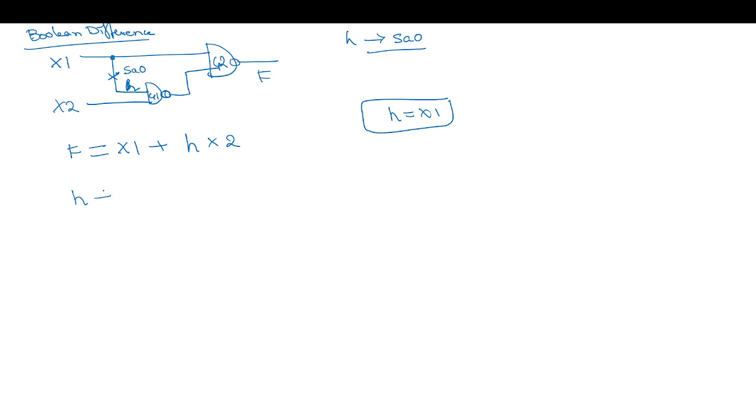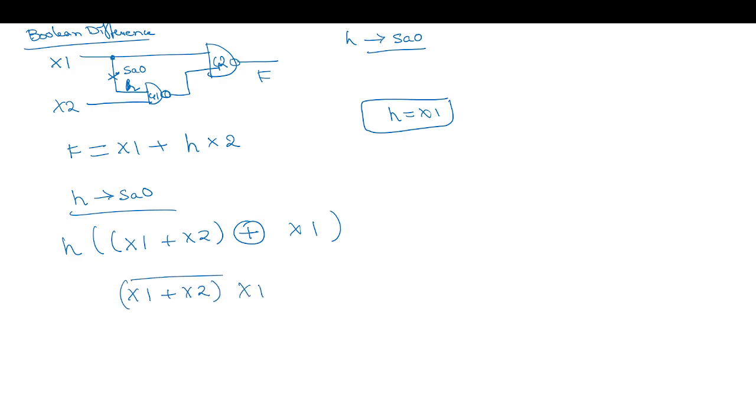Now let's come to h stuck at 0. So we want h to be 1, and this expression with h should be 1 first. So x1 plus x2 XORed with h is 0. Now it is x1 plus x2 whole complement, x1 plus x2, x1 complement.